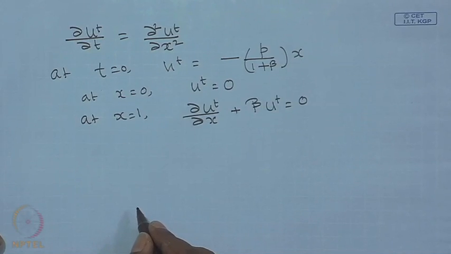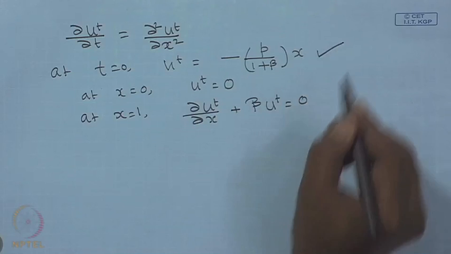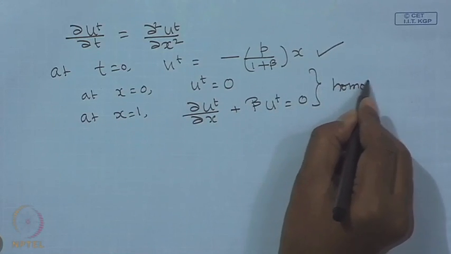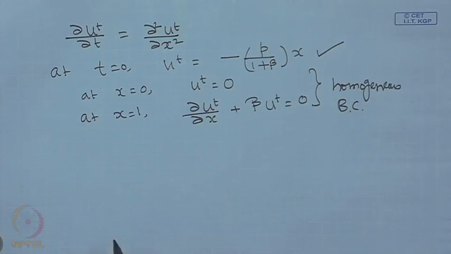So, therefore, this problem has a non-homogeneous initial condition and homogeneous boundary conditions.